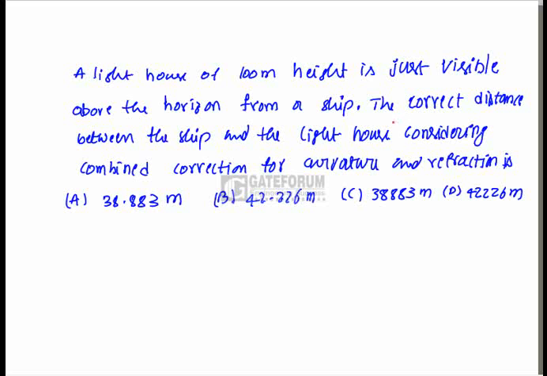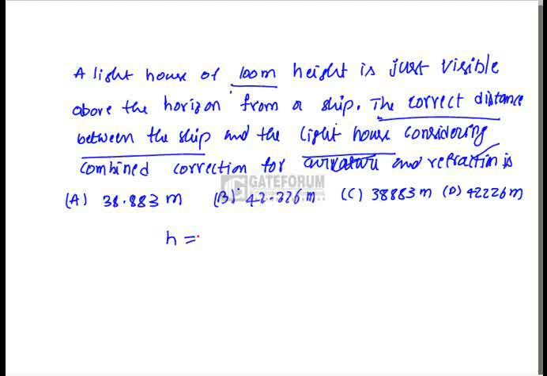We have to find out the correct distance between the ship and the lighthouse by considering the combined correction for curvature and refraction. The lighthouse of 100 meter height is just visible above the horizon from the ship. We know the height is equal to 0.06142 into the horizontal distance d squared between the ship and the lighthouse.